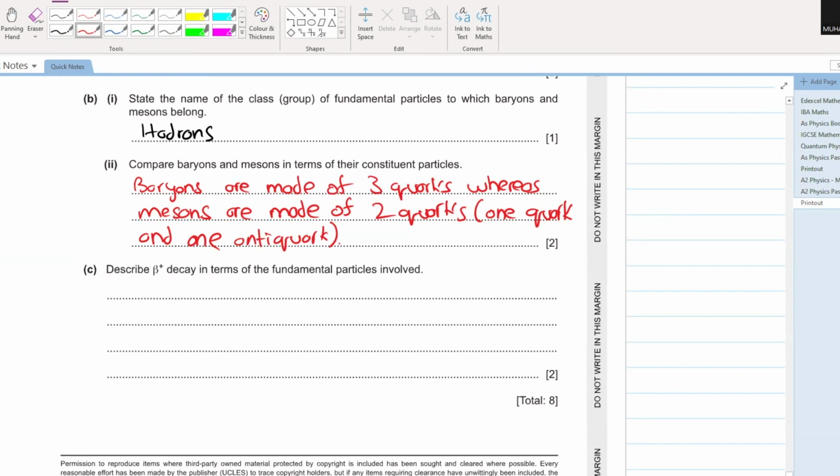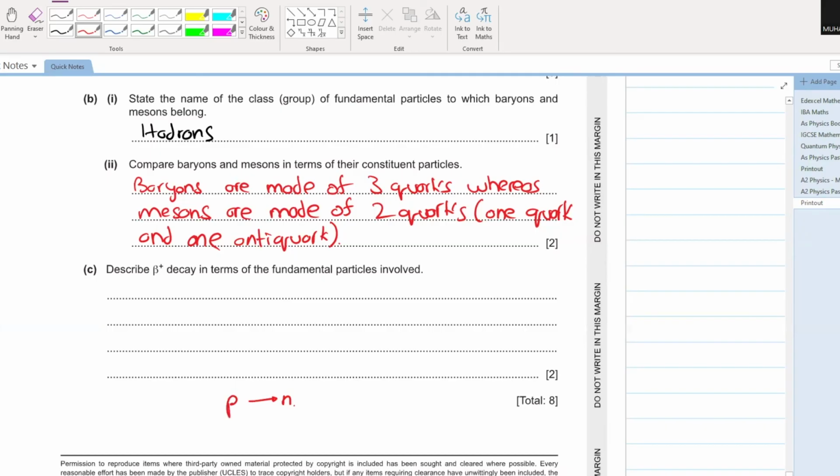Describe beta positive decay in terms of fundamental particles involved. What happens in beta positive decay? A proton changes into a neutron. In a beta positive decay, a proton changes into a neutron.